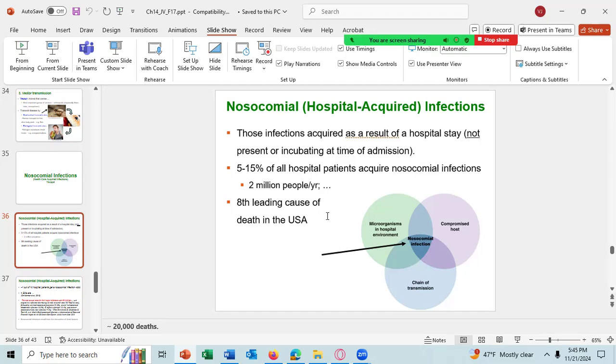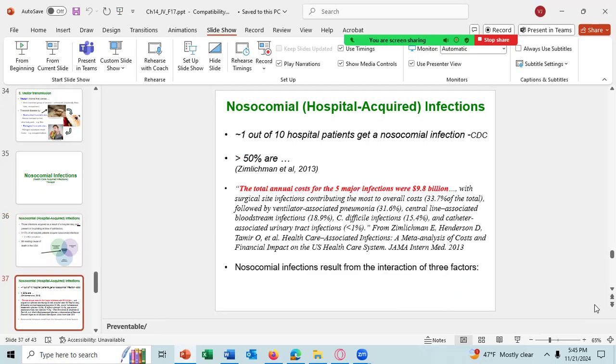It used to be the 8th leading cause of death in the United States. It may be now the 9th because COVID-19 could be one of the top 8. But it used to be the 8th leading cause. I haven't looked to see what it really is. It's either the 8th or the 9th now.